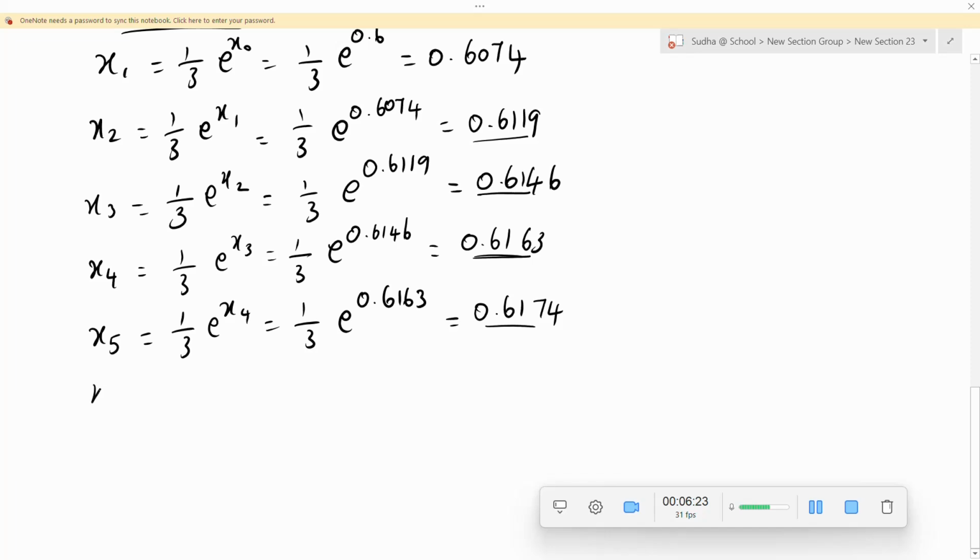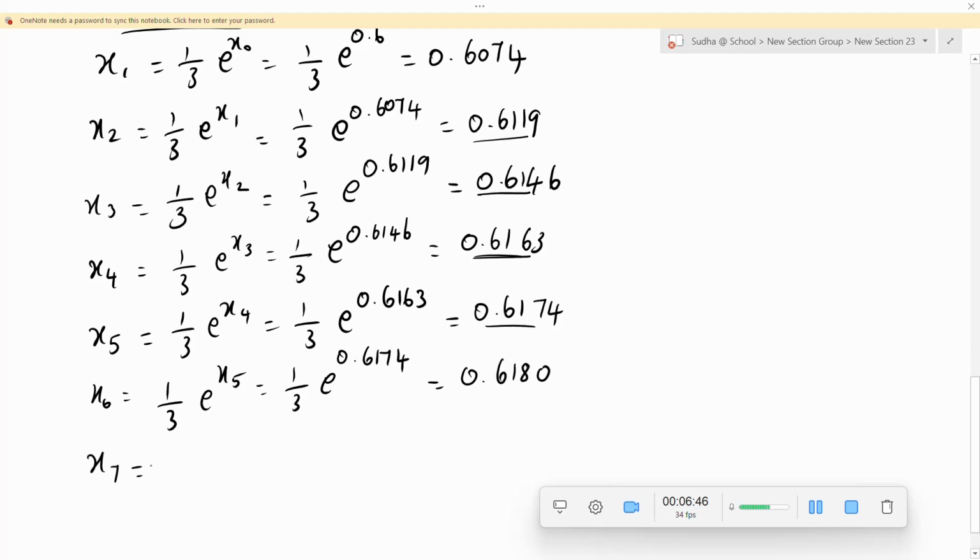So next to find x6, 1 by 3 e to the power x5, the x5 value 0.6174. We get 0.6180.